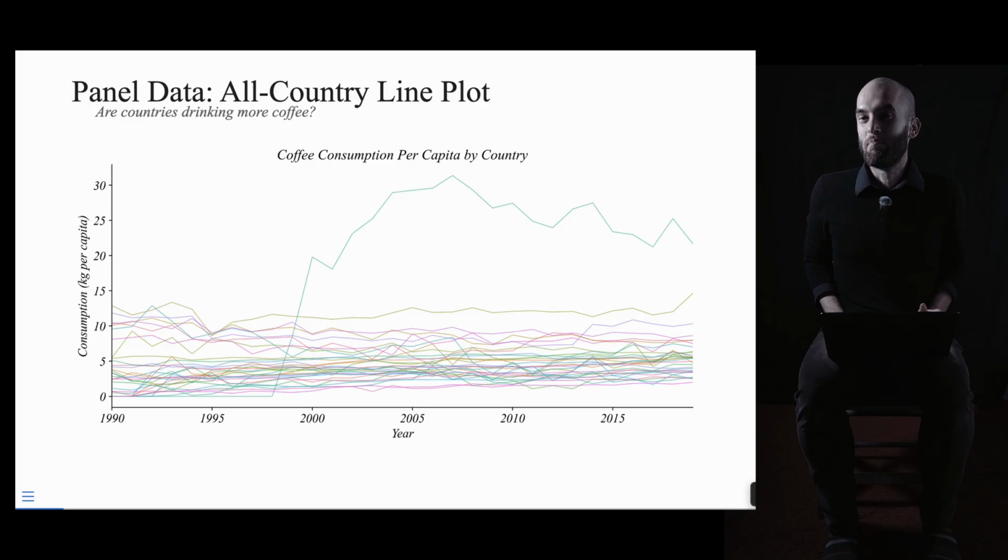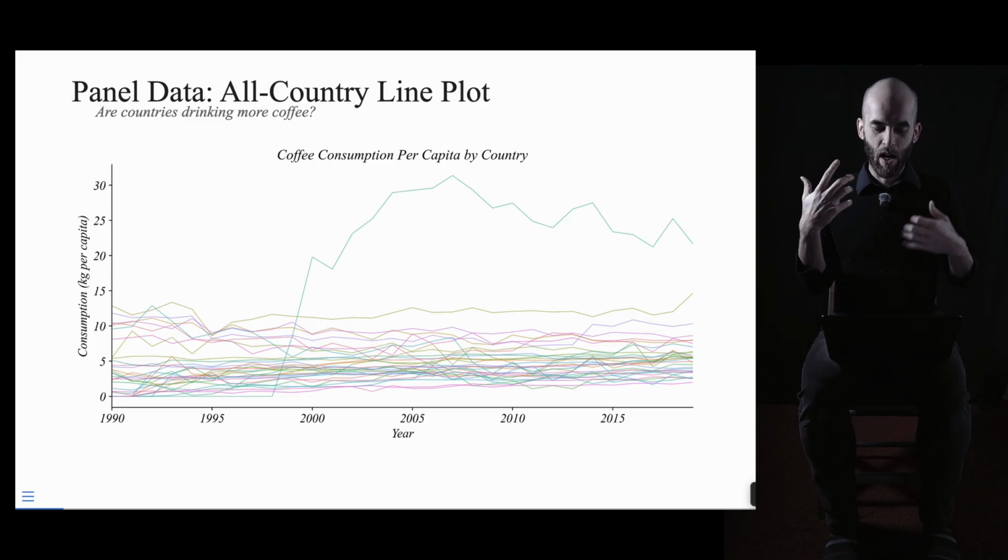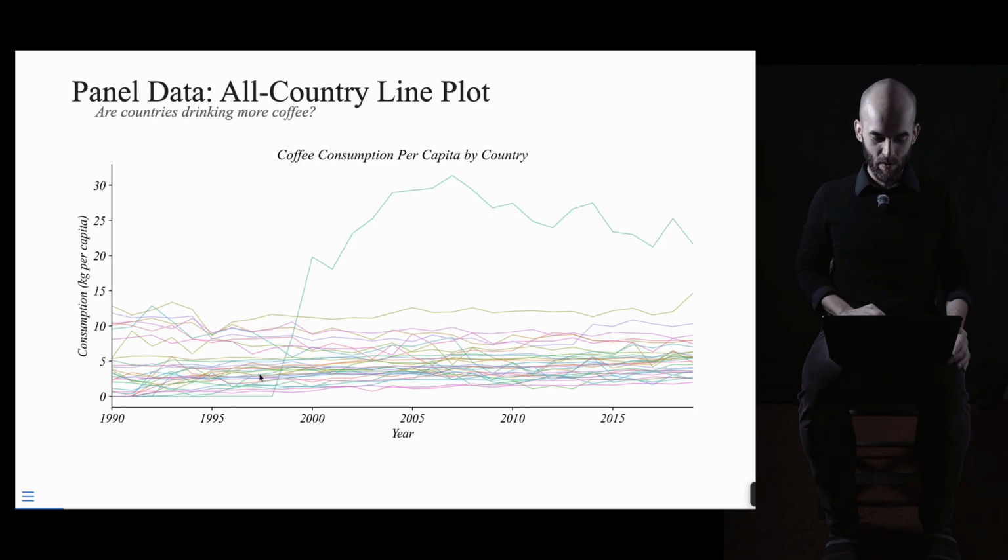So one way we could plot this data very easily is just to plot a line graph. So this is just a simple figure showing for each country the coffee consumption per capita during these 3 decades. So we have 1990 all the way up to 2019.